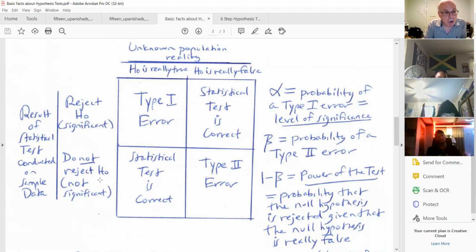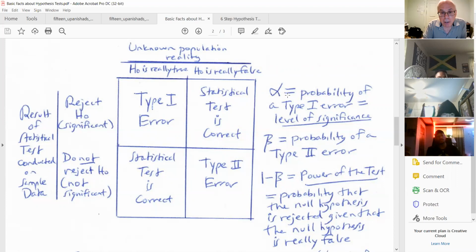On the other hand, if our statistical test tells us not to reject the null hypothesis and the null hypothesis is really true, then we've made a correct decision. However, if there's not enough evidence to reject the null hypothesis, but the null hypothesis is really false, we've made another type of error called a type 2 error.